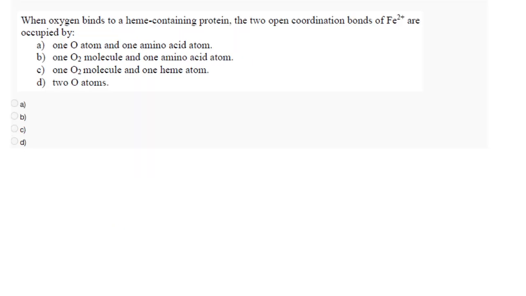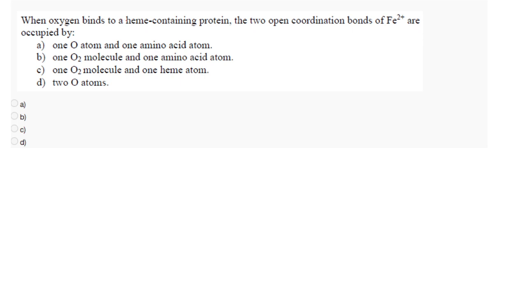Another question: when oxygen binds to a heme-containing protein, the two open coordination bonds of Fe2+ are occupied by one oxygen atom and one amino acid side chain; one O2 molecule and one amino acid atom; one O2 molecule and one heme atom; two O atoms.